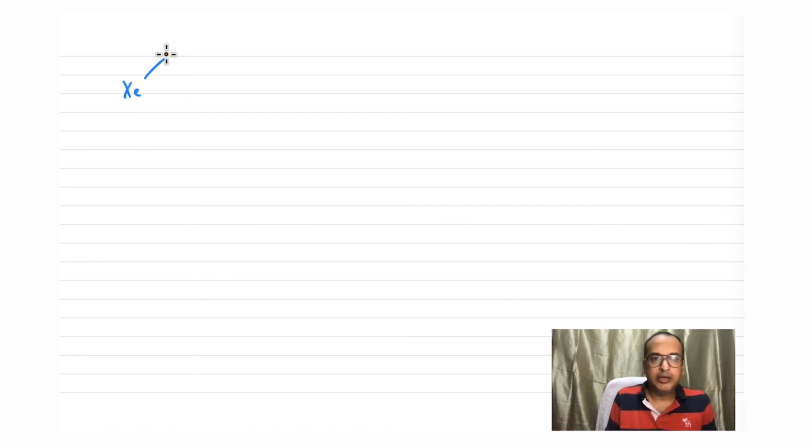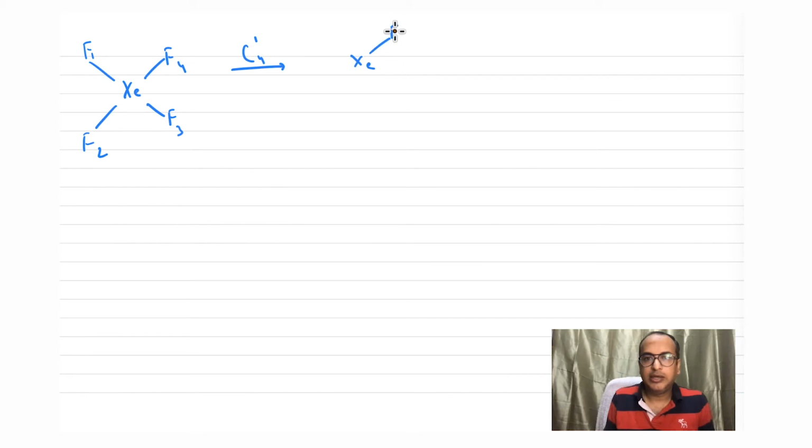So Xe, F, F, F, F, 1, 2, 3, 4. Okay, let's quickly do C4 1. What do we get? Xe, F, F, F, F. So this is a rotation by 90 degrees, C4 1, 2 pi by 4, right? So this is 2 pi by 4 rotation, which is 90 degrees. So 90 degrees anti-clockwise, 1 will come over here, 2, 3, 4, right?